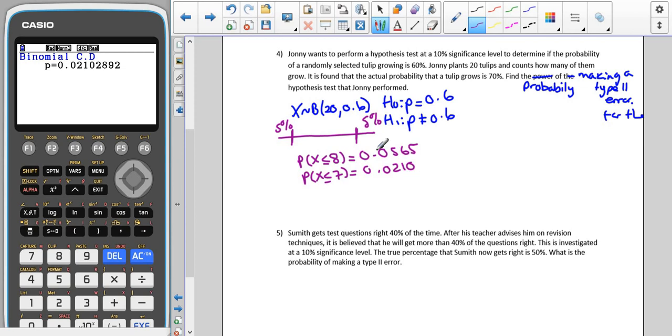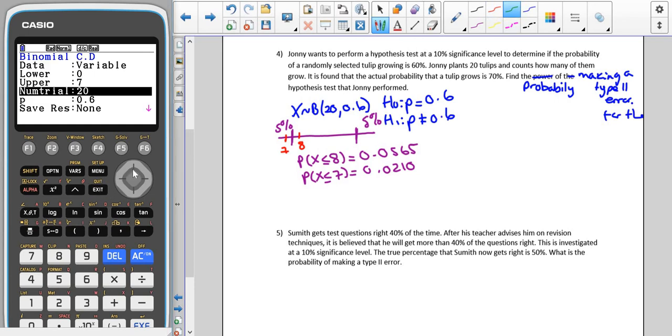So that is my lower critical value, which means that anything less than that's going to be in my critical region, my reject H0 region. So 7 is going to be on this side of the line and 8 is going to be on this side of the line.